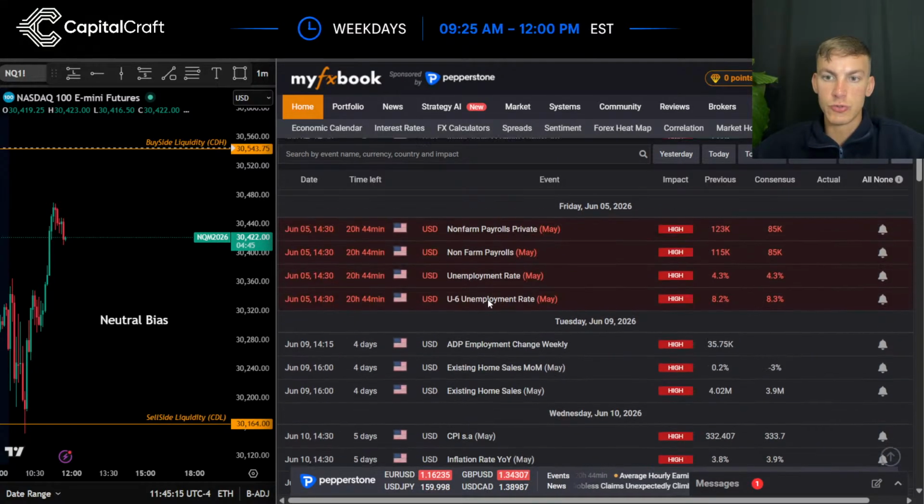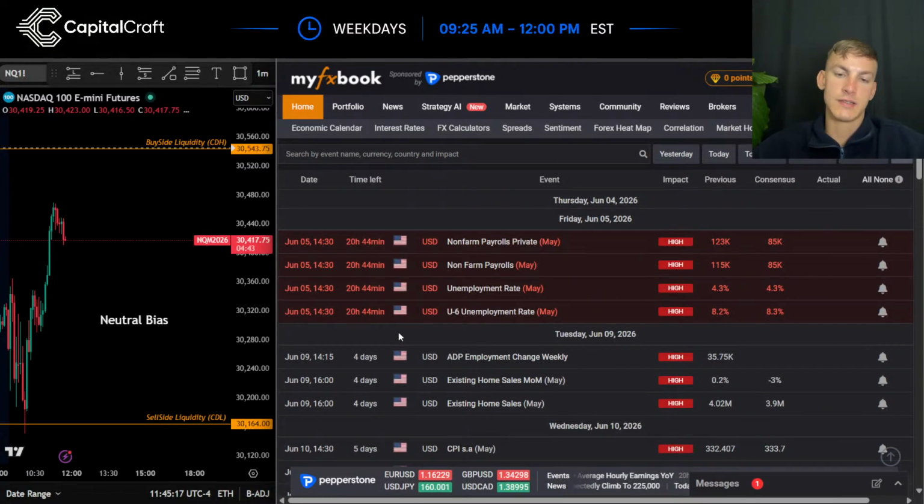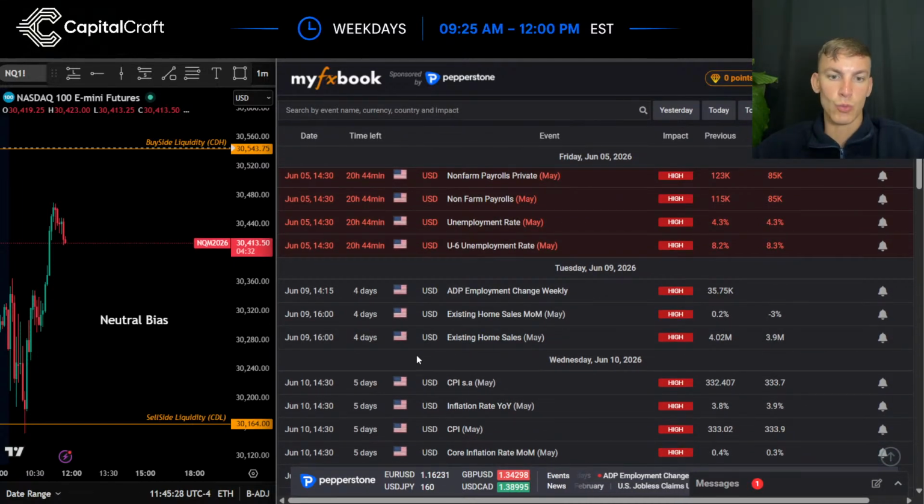These news events essentially act as a volatility injection. It's the perfect excuse for the market to move heavily in one specific direction, and we obviously want that. We want the markets to be volatile and moving. We cannot really trade in a market that is in somewhat of a range or a consolidation state.